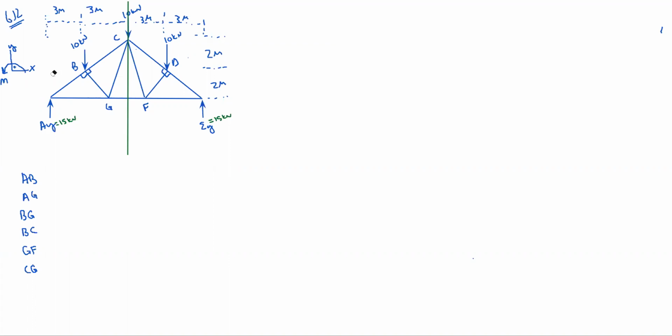The distances are the same, the angles are the same, and the applied forces are the same on both sides. Because this structure is symmetrical, the forces are distributed symmetrically to their corresponding parts on the other side of the structure. So for example, AB has a corresponding member at ED, so their forces are going to be exactly equal.